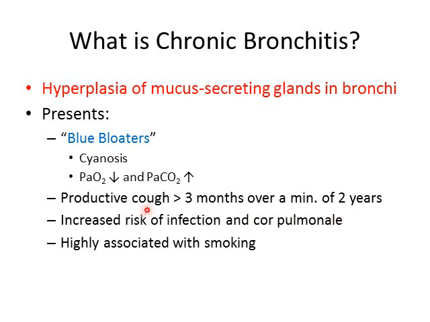Now, it's important to note that this productive cough does not need to be continuous. These patients present with an increased risk of infection and something known as cor pulmonale. Cor pulmonale is basically a condition where our lungs are really, really smart. They like to shunt blood away from areas of the lung that are diseased.